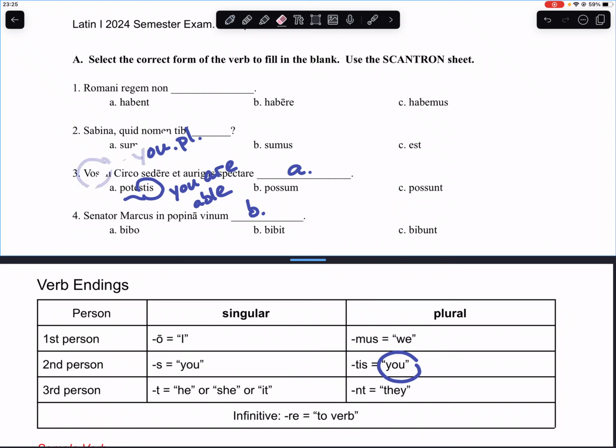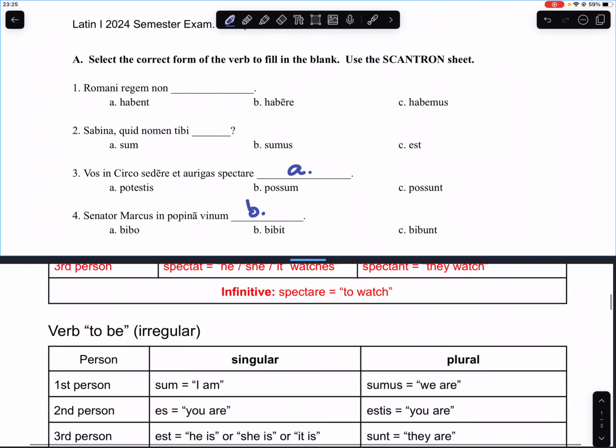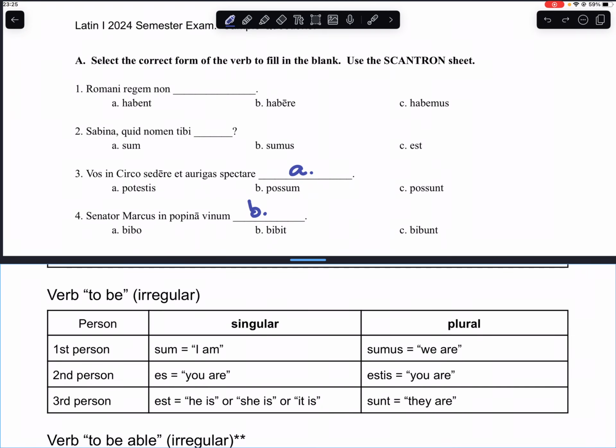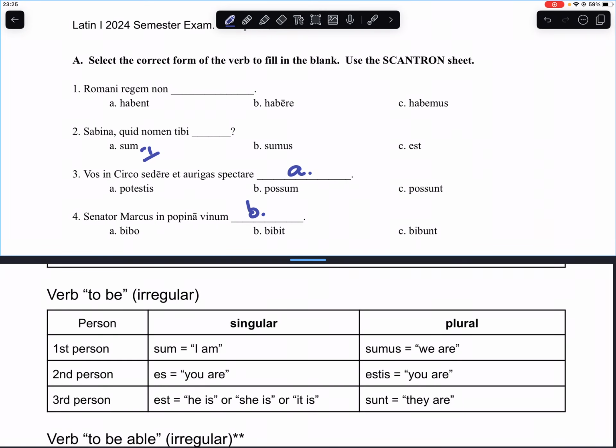Okay. Number 3, you guys know how to do this sentence. We practice this a lot. Sabina, quid nomen tibi blank. Okay. If we go down to your verb to be, which is here, we see that sum means I am, sumus means we are, and as you know, est just plain old means is.